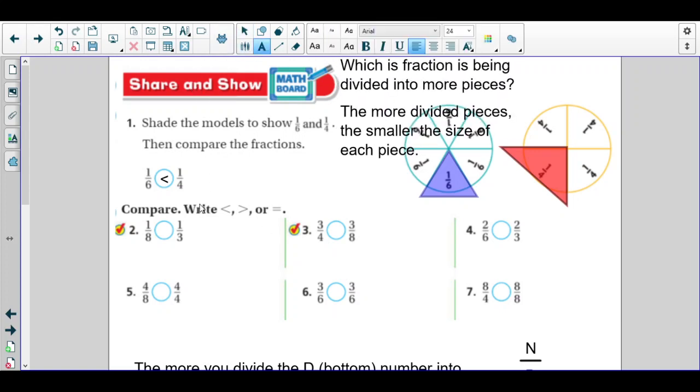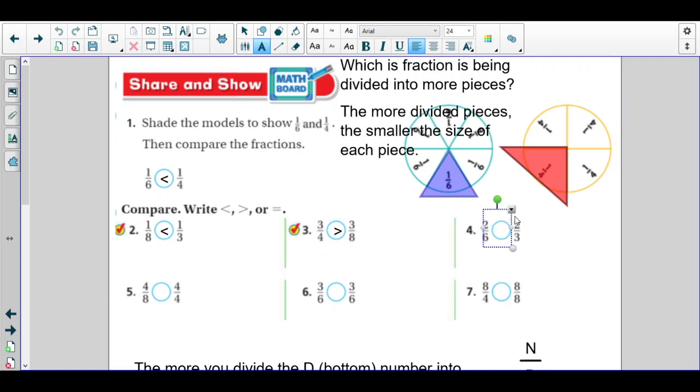Okay, so which one is being divided into more pieces? 1/8. And because 1/8 is being divided into more pieces, it is less. All right, numerators, or the top numbers, are the same, so let's look at the bottom. Which one is being divided into more pieces? Well, the 8 is. That means that it is going to be smaller than, or 3/4 is larger. All right.